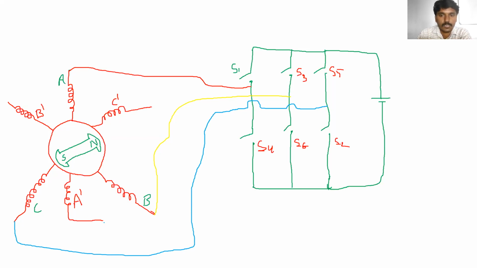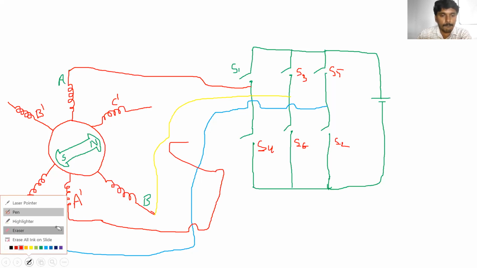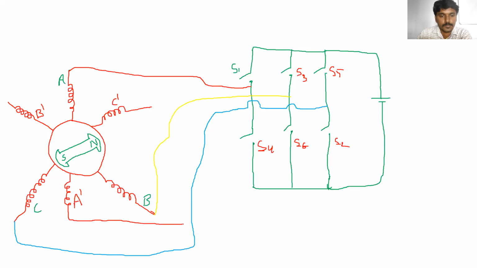Next, A dash coil is connected to here. Okay, next B dash coil is connected to, where is the B dash coil?